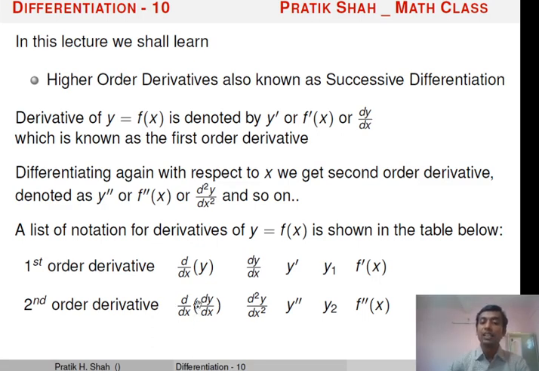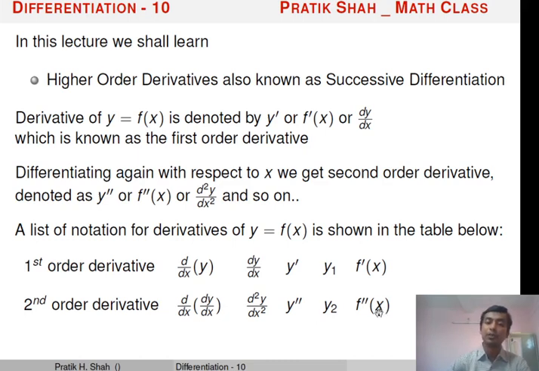So you can see that this is nothing but d square y divided by dx square. Since this is second order derivative, it is denoted by y double dash. If you denote in terms of suffix, then it will be y2 because it is second order derivative of y. If you denote in terms of f of x, then it will be f double dash x.